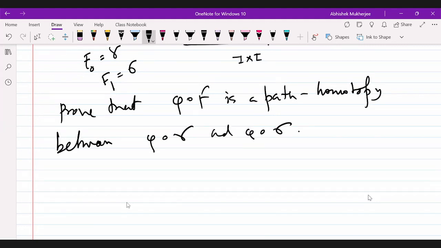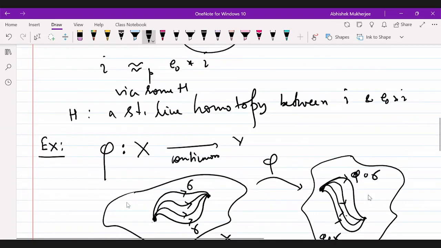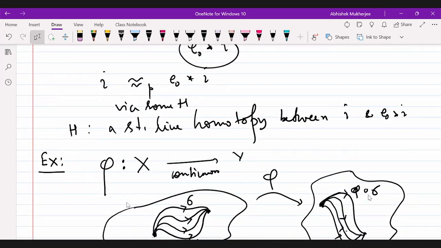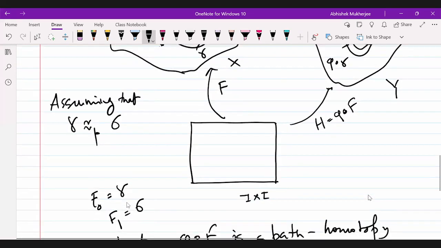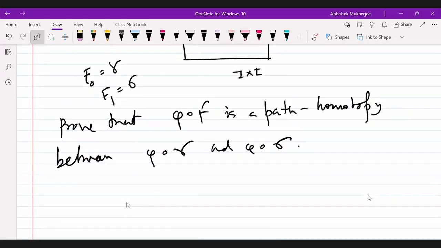And after proving this, now let's come back to that case that you already have at your hand, that a straight line homotopy between I and E naught star I, right? And you have a continuous map from the closed interval 0, 1 to that X, right?